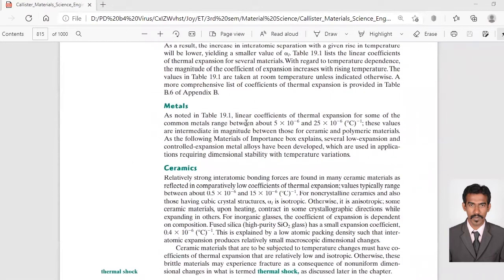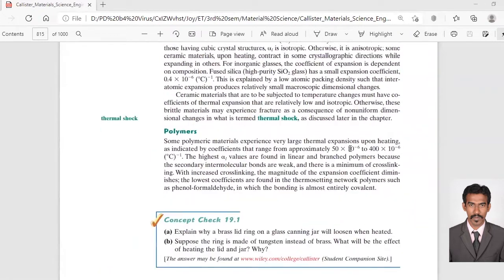So that's what he is talking about. These values are intermediate in magnitude between those for ceramic and polymer materials. As the following materials of importance box explains, several low expansion and controlled expansion metal alloys have been developed, which are used in applications requiring dimensional stability with temperature variations, right?